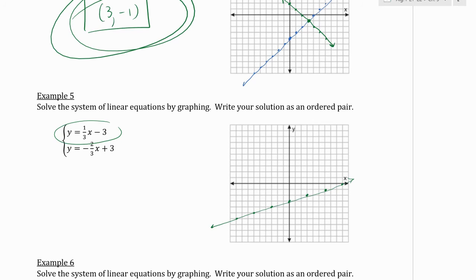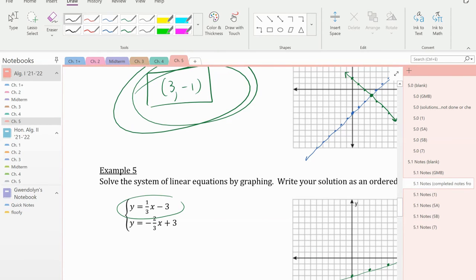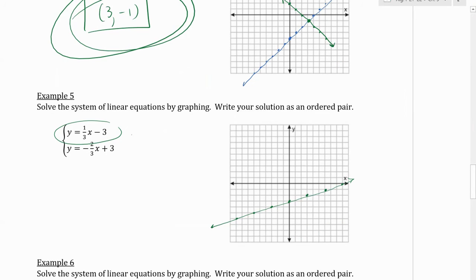Okay, let's swap colors and do the other one. Let's do the black one. So y-intercept of 3, go down 2, right 3, down 2, right 3, down 2, right 3. Right there at 1, 2, 3, 4, 5, 6, down 1.